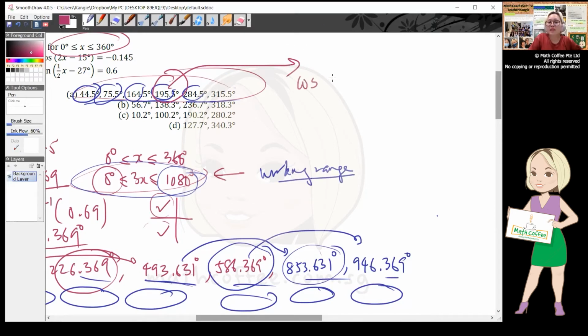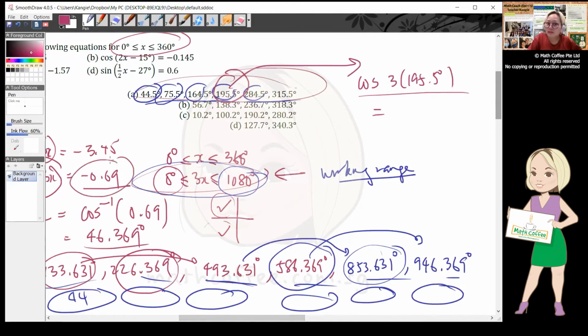So I will check cosine 3x, 3 times this 195.5 degree. You can press the calculator and see whether it gives you negative 0.69. So it gives me negative 0.688. Of course, this one rounded off still can get negative 0.69.